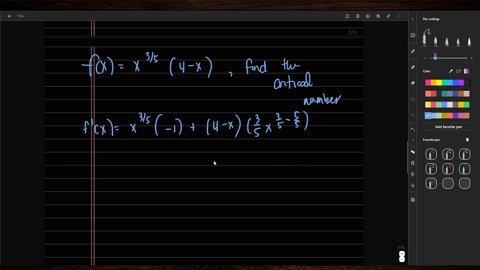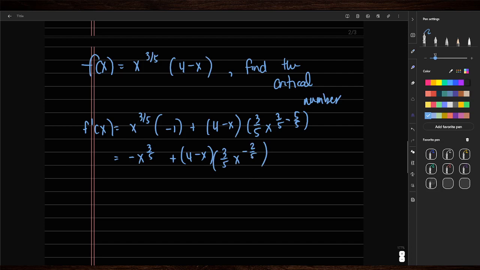So you could easily extract the fraction. This becomes negative x to the 3/5, plus 4 minus x times 3/5 of x to the negative 2/5.